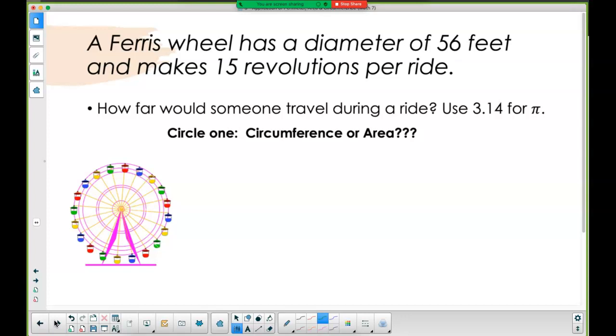If you hop on the Ferris wheel on this yellow cart and it starts going around, it goes around once, again, again, 15 times while you're riding.